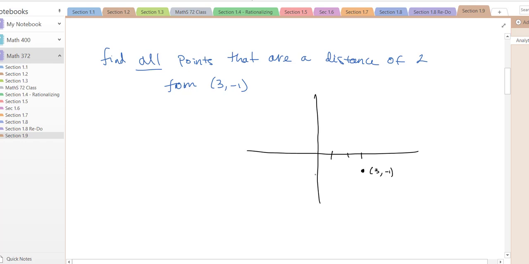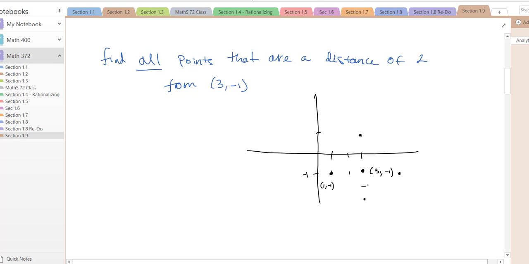Well, I can go up 1, 2, and that will put me at some other value. I can go to the right 1, 2, I could go to the left 1, 2, I could go down 1, 2. And so these 4 points are a distance of 2 from the point 3, negative 1.